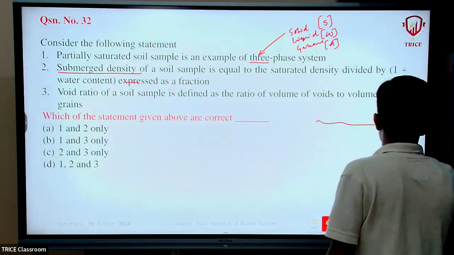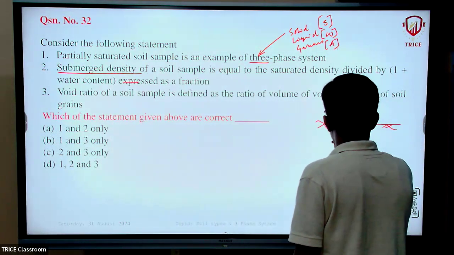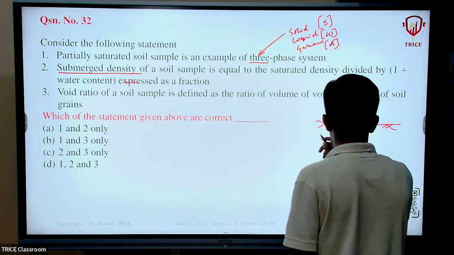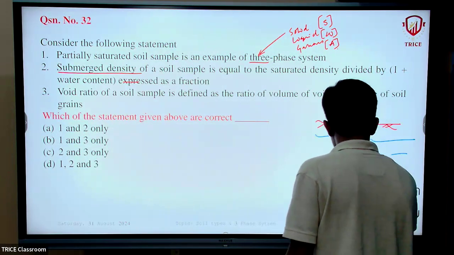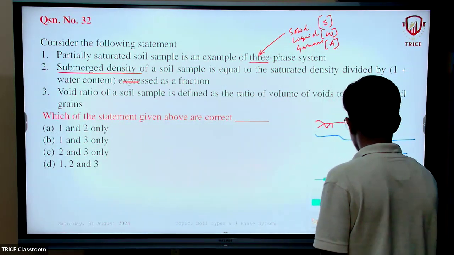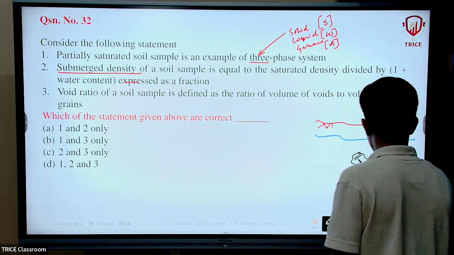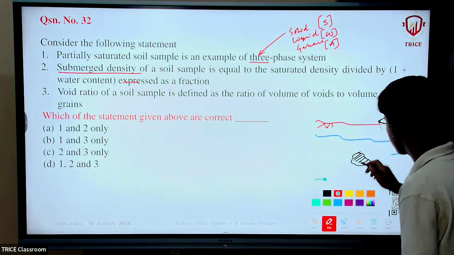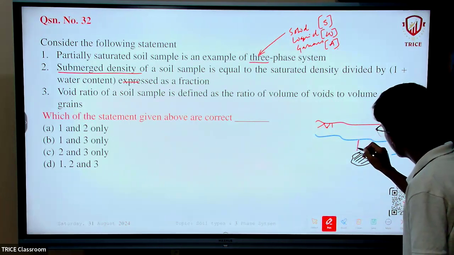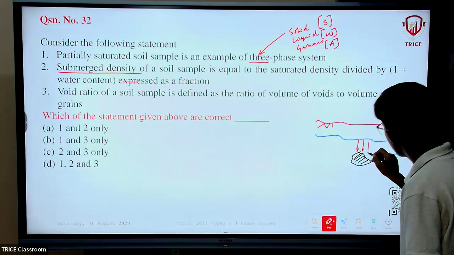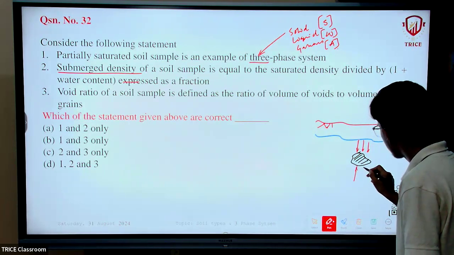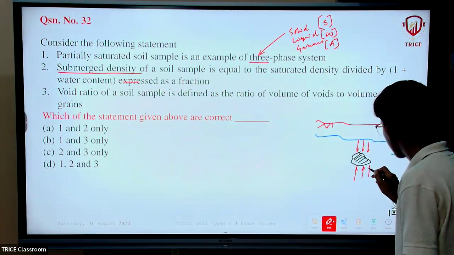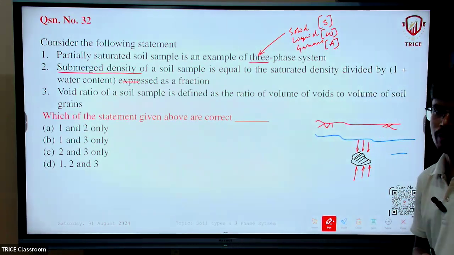We have the ground level, and suppose the water table lies here, with the soil sample below it. Here it experiences vertical pressure in both the upward and downward directions.